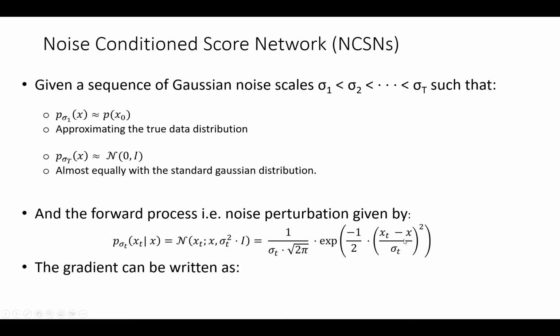And the derivative of this will be 2(xt minus x) upon sigma t squared. Then we'll differentiate the other term, so it will end up like that, and you can verify that yourself. So now this is the score function of this distribution, which is (xt minus x) upon sigma t squared, with a minus sign, which is good.